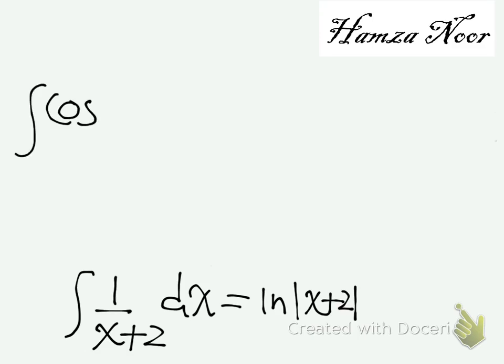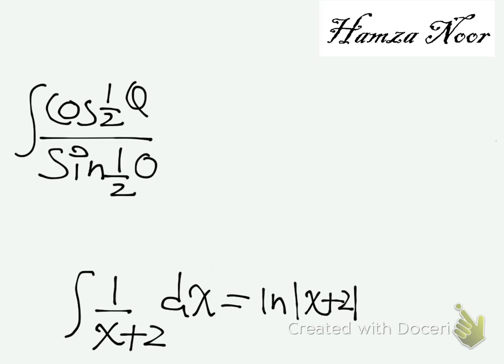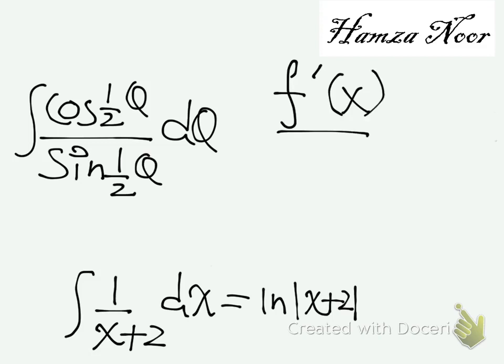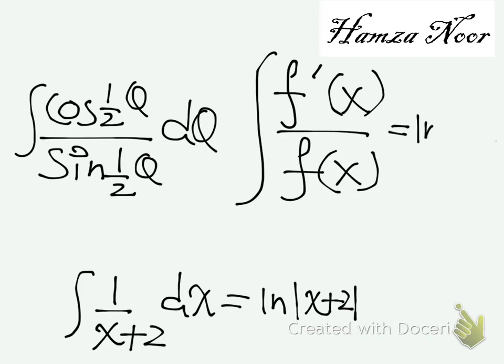Integral of cos theta over 2 or 1 over 2 theta, same thing. So in P3 we have learned a method of integration that if in any way we can make an integral like this, f dash x over fx, then the integral of f dash x over fx will be exactly equal to ln fx plus c.